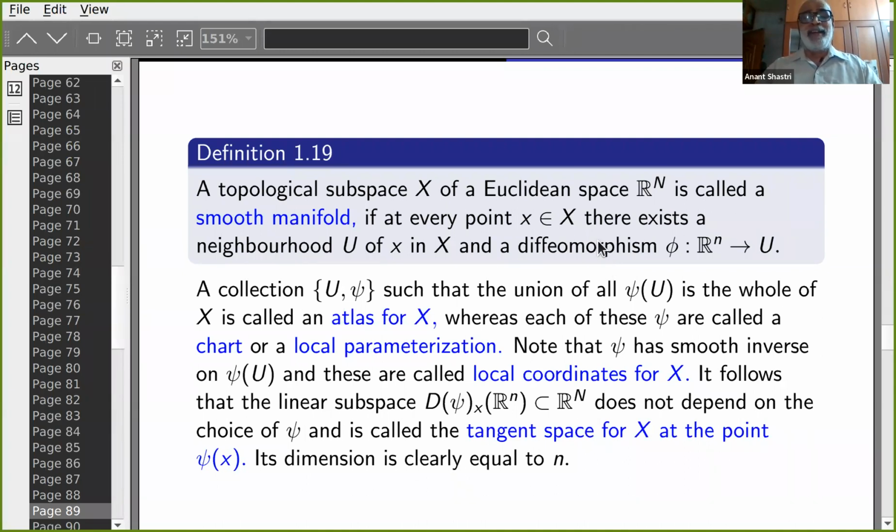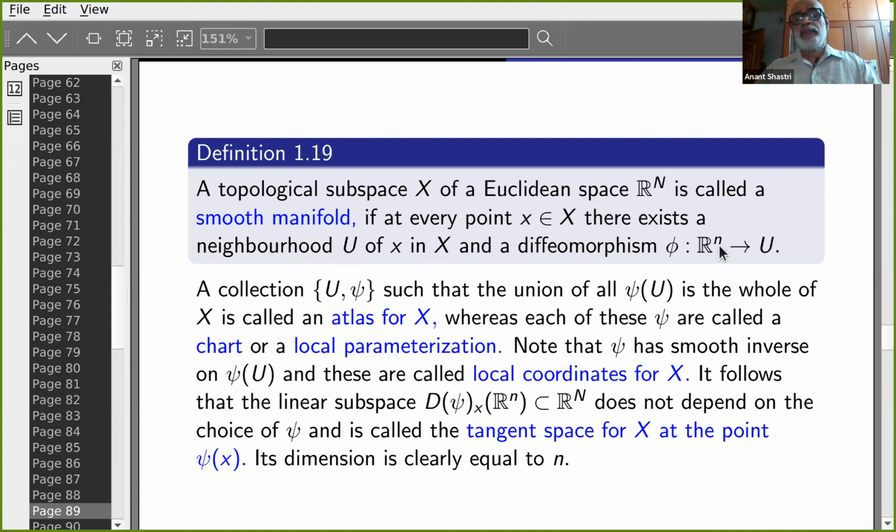Not covering it. So a topological space X of a Euclidean space. I start with Euclidean space and then I am taking a subspace X. This is called a smooth manifold if at every point x in X there exists a neighborhood U of x in X and a diffeomorphism phi from R^n into U. See, this capital N is something different.